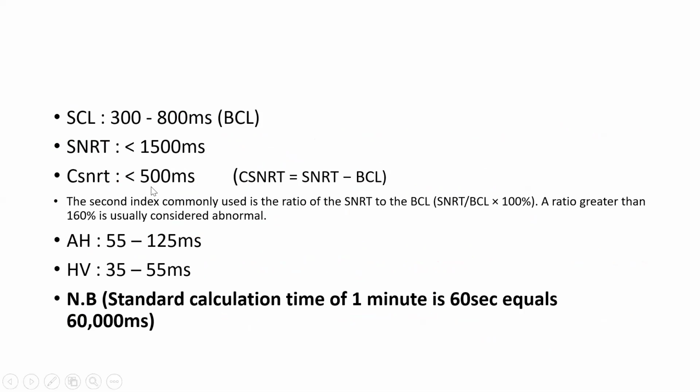If it's far higher than this, you will say there's a dysfunction of the SA node because it did not recover as early as expected. So that's one of the ways you make a diagnosis of SA node dysfunction.